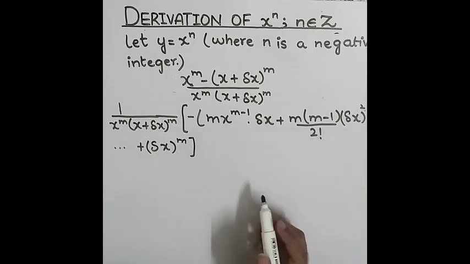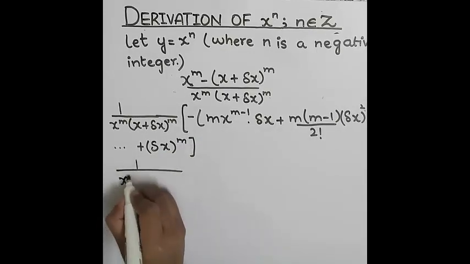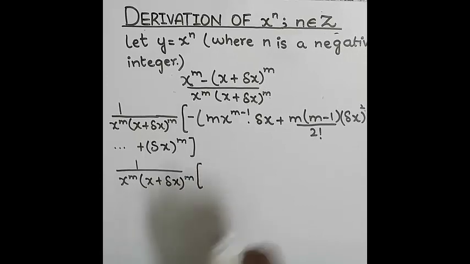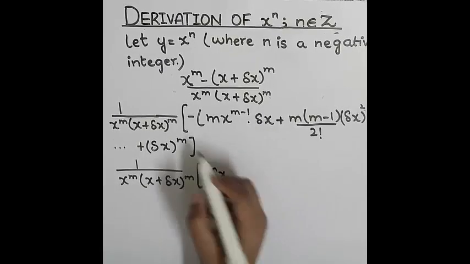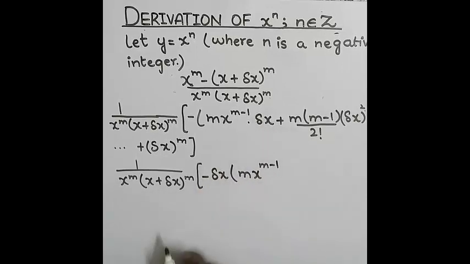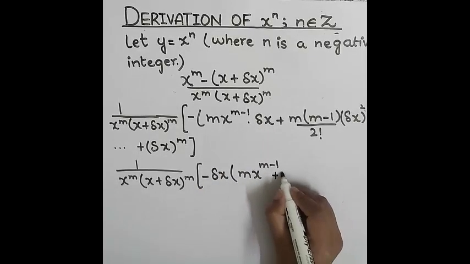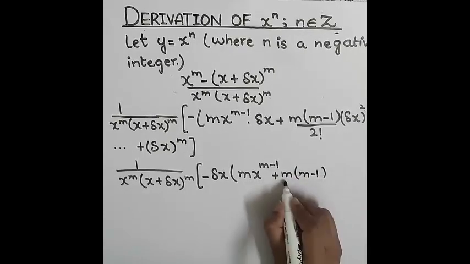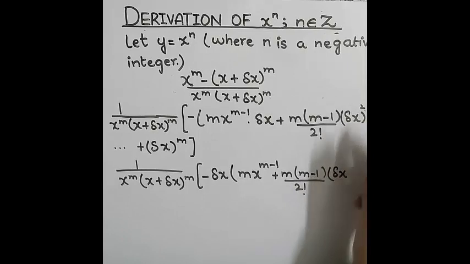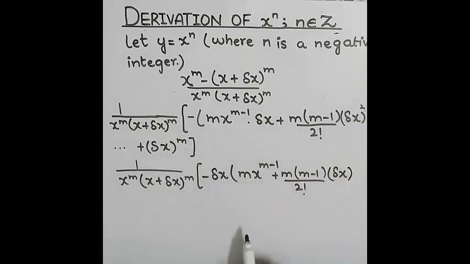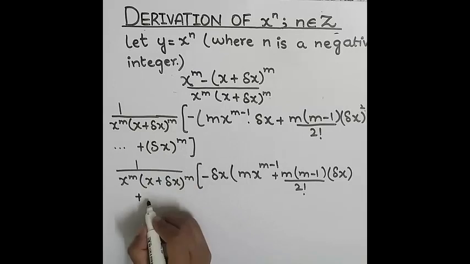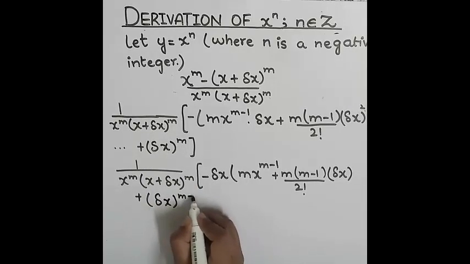Taking delta x common, we have 1 over x^m (x plus delta x) raised to power m into, the minus sign will come as it is, m x^(m minus 1), plus m into m minus 1 over 2 factorial, this delta x square will become delta x since one delta x has been taken common, and so on, and out of delta x raised to power m, one is taken common, so we are left with delta x raised to power m minus 1.